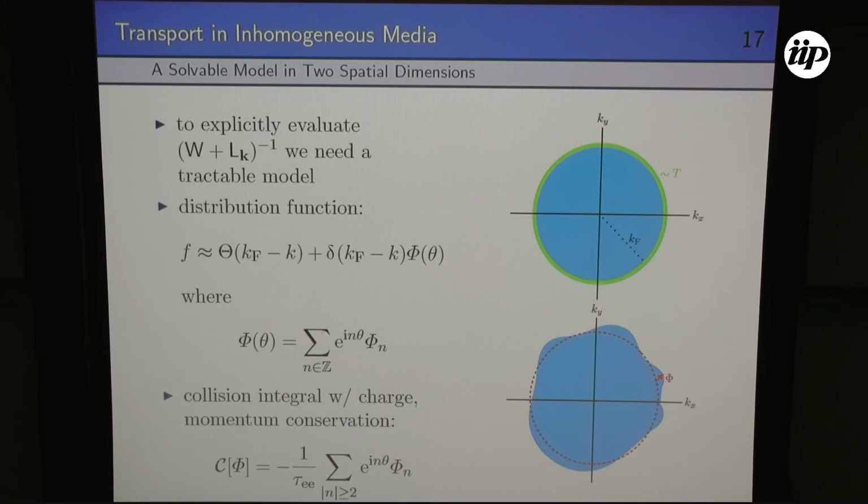So our collision integral, if you just plug in either the zero harmonic, so radially growing and shrinking Fermi surface, or the n equals plus or minus 1 harmonics, just translating the Fermi surface, these things never relax. This is simply charge and momentum conservation. But all of the other harmonics will relax, and they'll relax with some universal rate. With these assumptions, you can analytically calculate essentially all of the Green's functions in this kinetic theory.